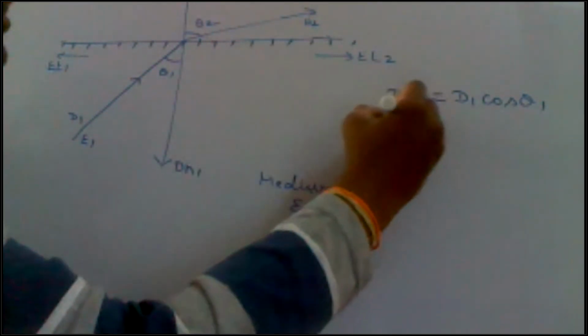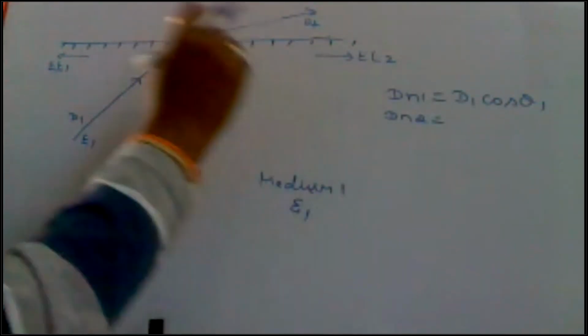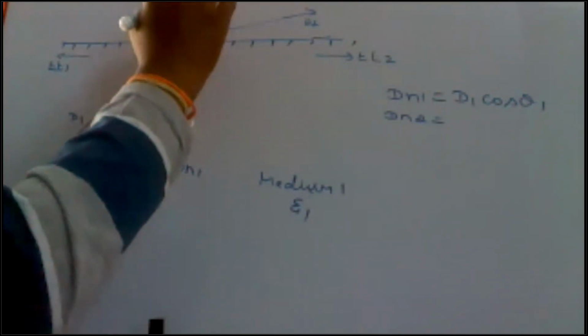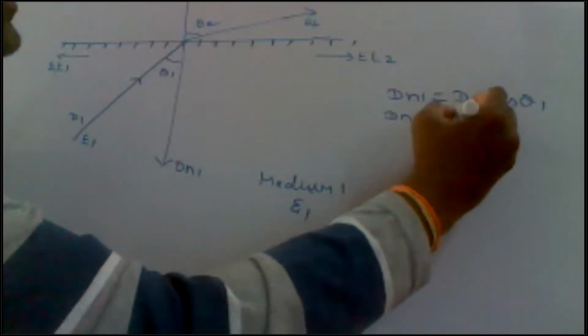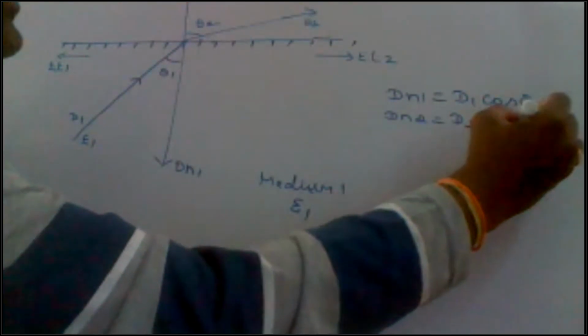I can write it as d1 cos theta1. Do you agree with this? அதே மாதிரி dn2 எப்படி எழுதலாம்? dn2ங்கிறது இங்க இருக்கு, that means d2 இந்த சைடு வந்து adjacent side, so it will become d2 cos theta2. இது வந்து first half.